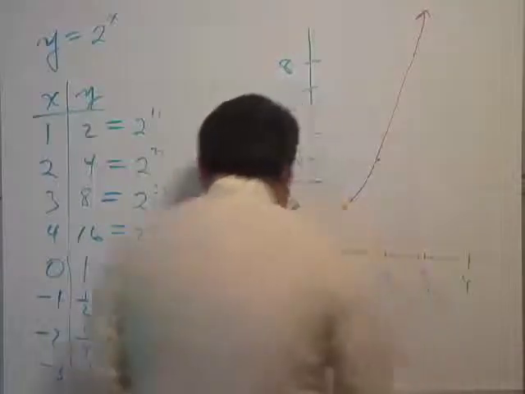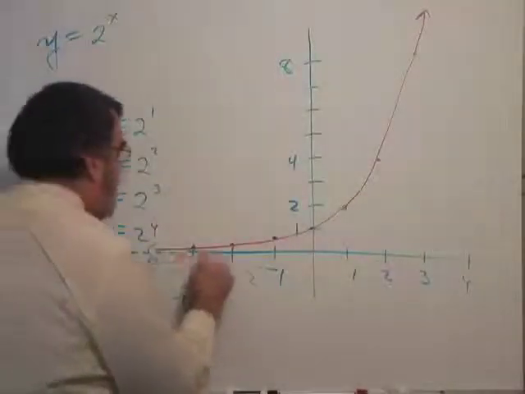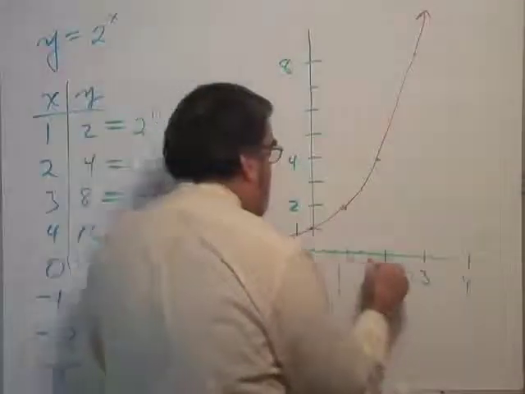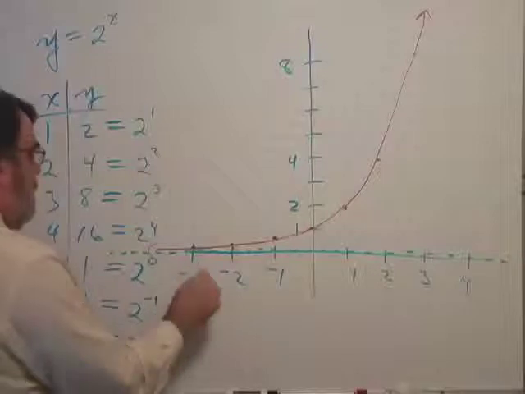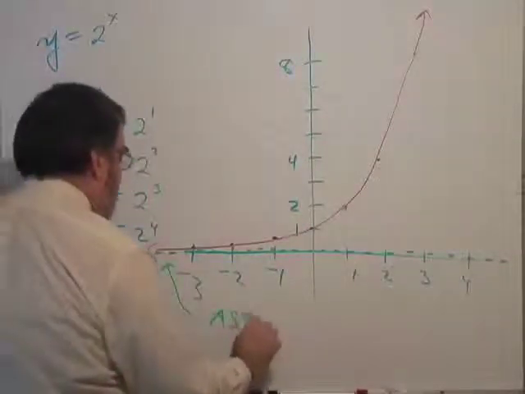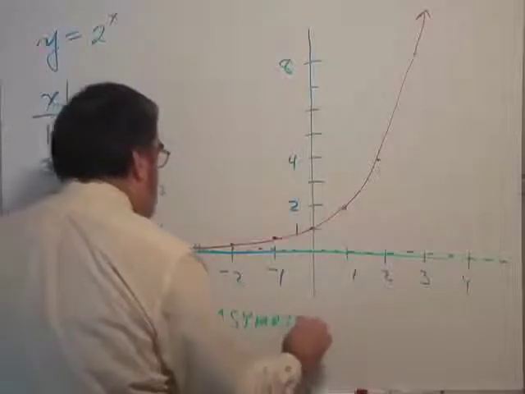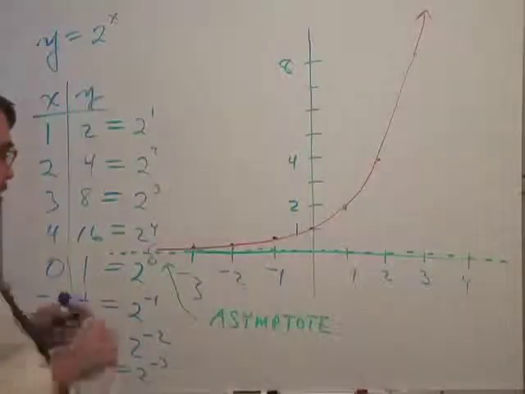And that behavior, we call that asymptotic. I'm going to write that word up. We represent an asymptote. Alright, so let me write that word in there. A-S-Y-M-P-T-O-T-E.